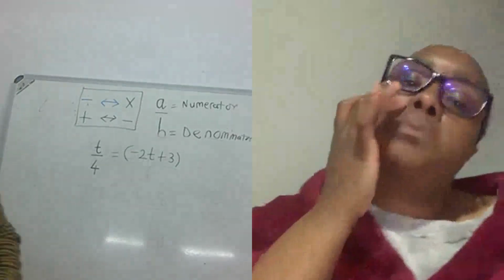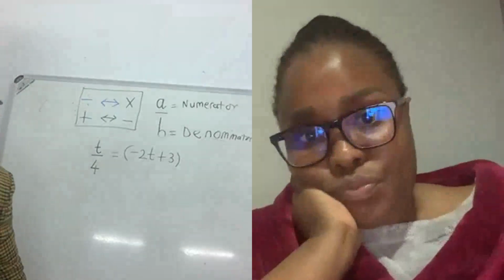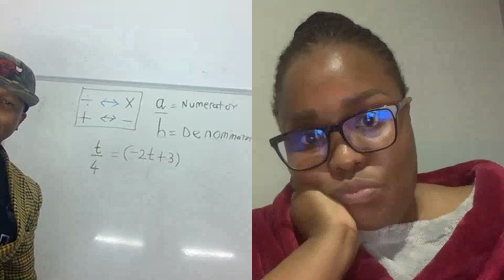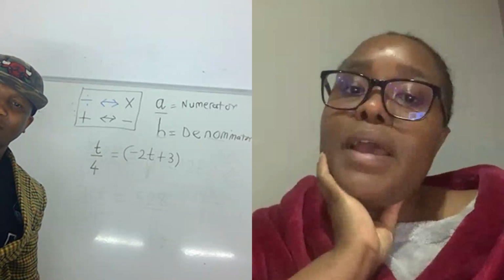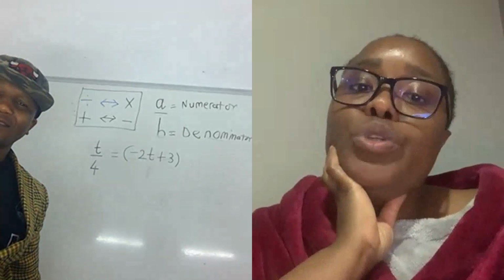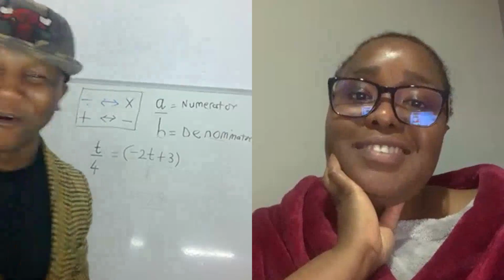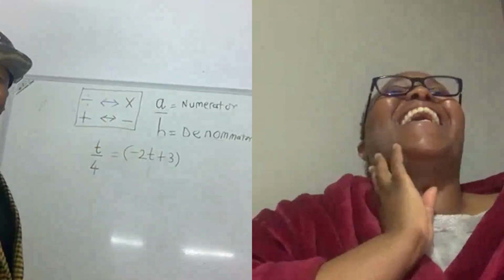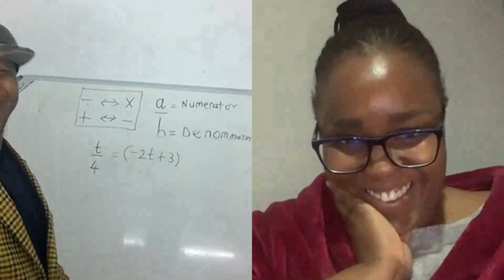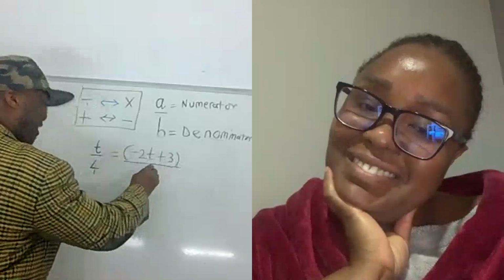How are we going to do this first? Because now we need to cross multiply, we need to divide by one. I remember you told me. So we're still going to say divide by one.